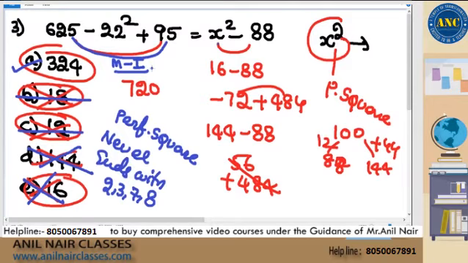Method 2. Please write down. Shruti, it is simple. It is x square. X square is a perfect square. A perfect square never ends with 2, 3, 7 or 8. New world, have little patience. I will go method by method.